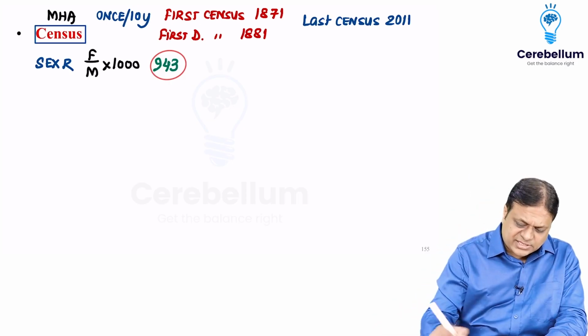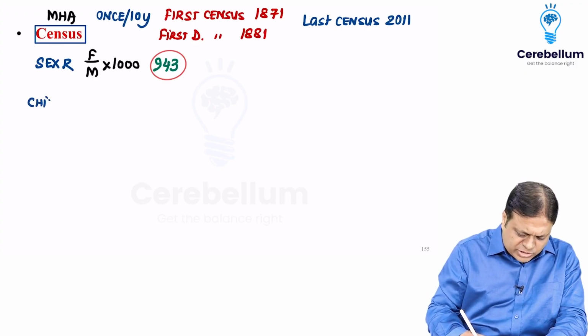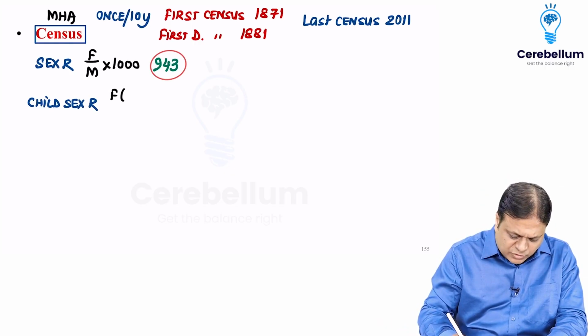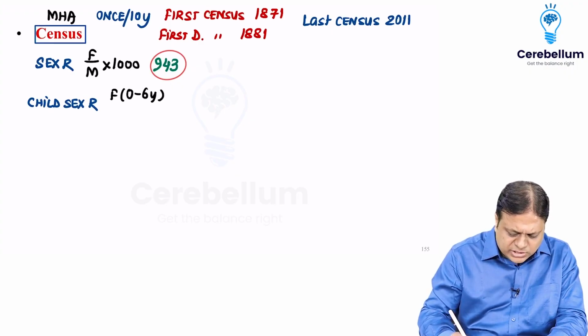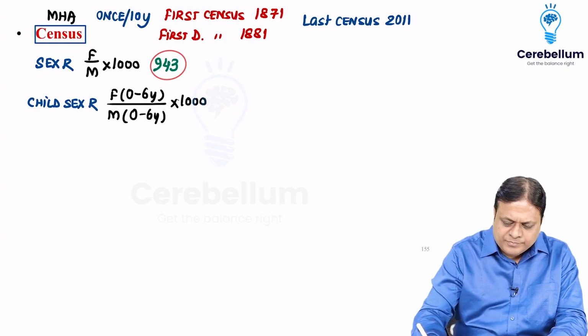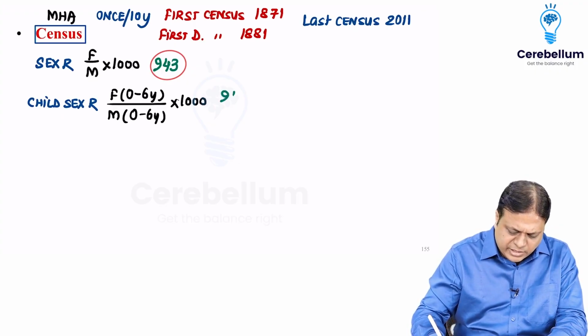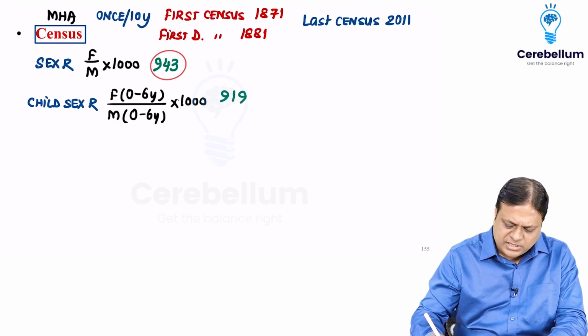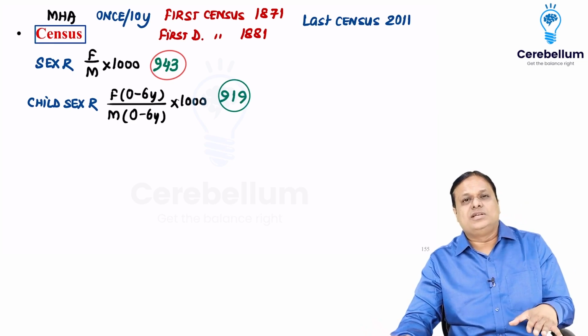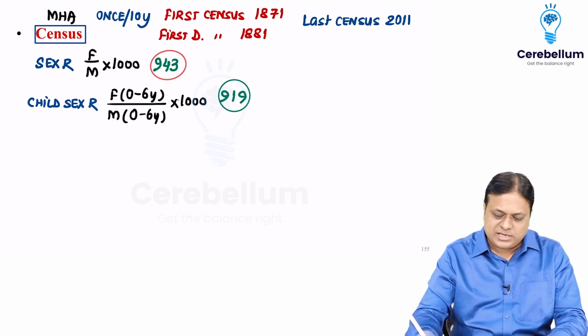When we look at CSR, child sex ratio, that is almost same, only to be considered in the age group 0 to 6 years. So female children 0 to 6 year divided by male children 0 to 6 year into 1000. This is 919 female children 0 to 6 year per 1000 male children 0 to 6 year. Highest in Mizoram, lowest in Haryana.